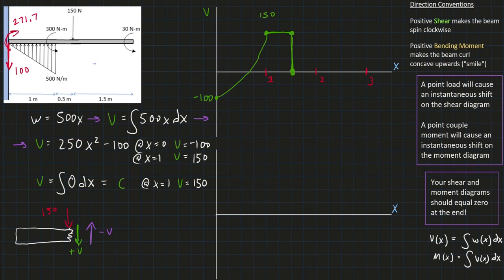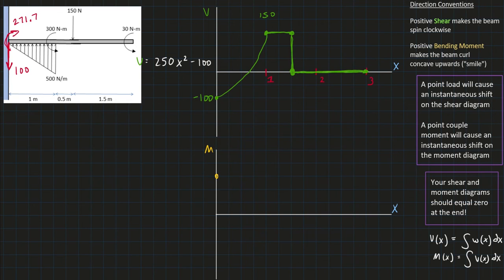So that drops us down to the x-axis at 0 shear. And from then on, I have no distributed loading. My w is 0, and I know that that results in my shear just being a constant. And if you were to do that math, you just find it's a constant of 0. Doing the same exact steps we did over here. So there's my shear. The only tough equation for it is that initial parabola there, so I'll just save that.